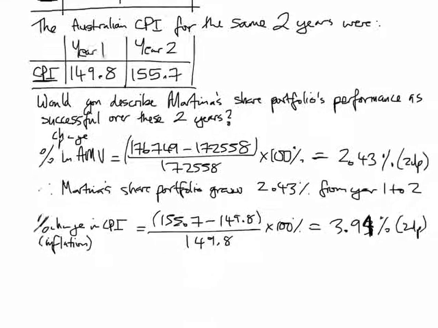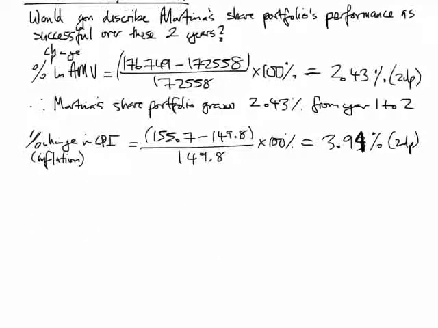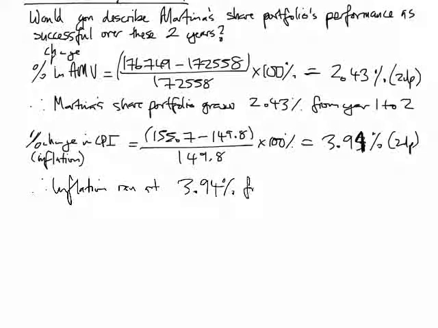What is that saying? Therefore, inflation ran at 3.94% from year 1 to 2. So what does this say?